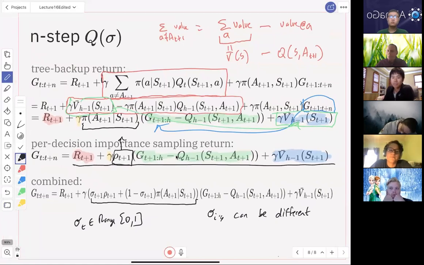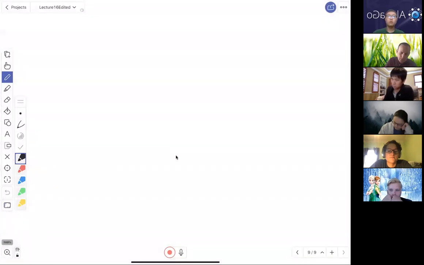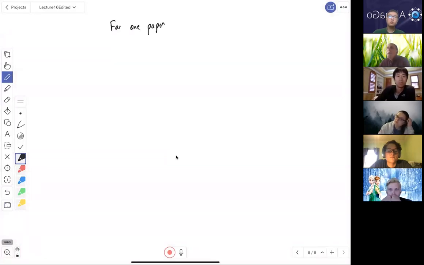One paper, I'm not sure whether it's referenced in our book or not, but let me see. For one paper, they looked at what works best in terms of this sigma value.